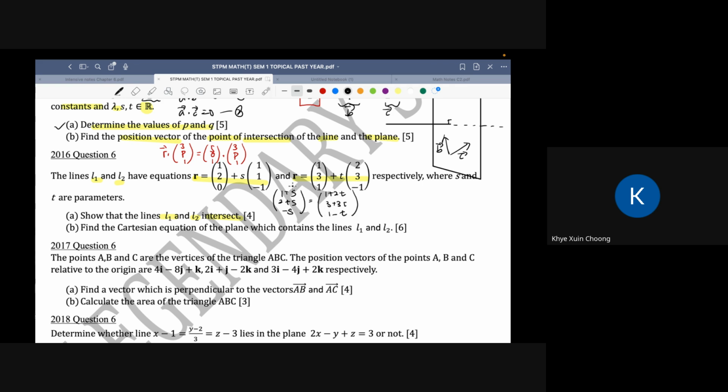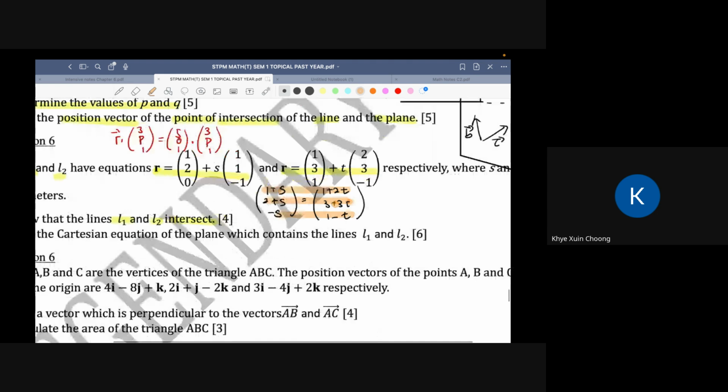Okay, so now you can form three equations, right? From here, this is one equation, this is the second equation, this is the third equation. So you use the first two equations, you do simultaneous, and you can solve for the values of S and T. If these two lines actually intersect, you sub the S and T that you solved into the third equation.